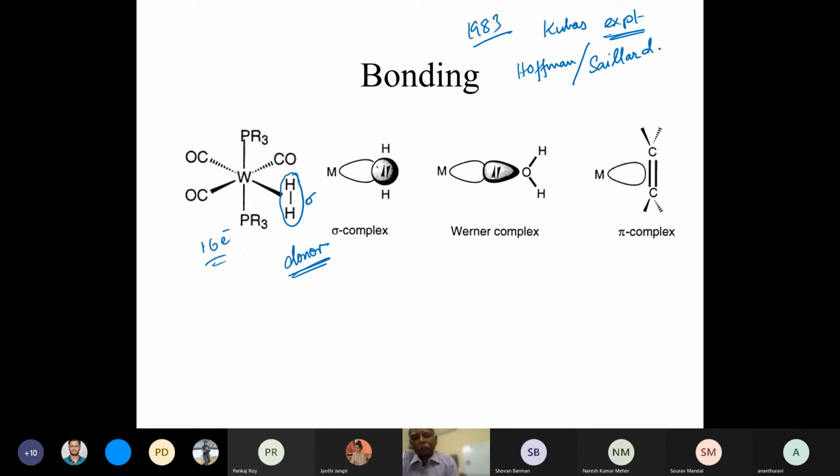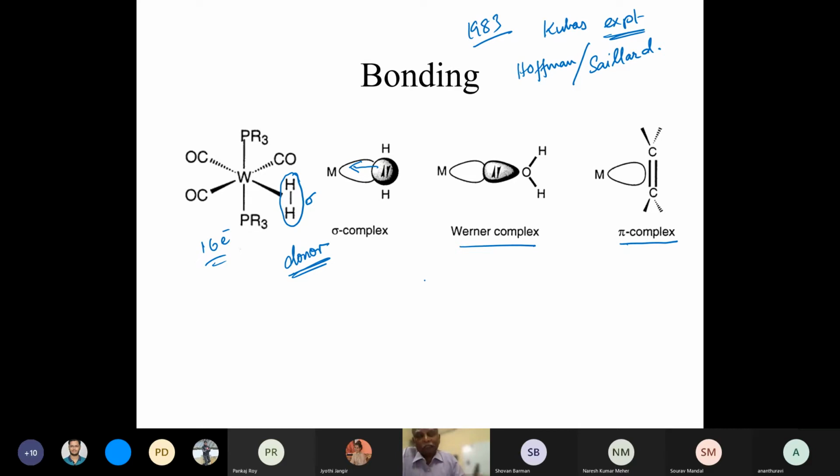So it can donate electron density into the vacant metal orbital. This is very similar to a Werner complex, where the water molecule is donating a pair of electrons, or for that matter an olefin, which is donating its pi bonding molecular orbital to the empty metal orbital.